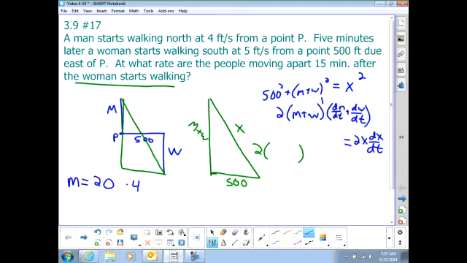We want feet per minute because we're in minutes, so we need to multiply by 60. So this is minutes. This is feet per second. And this is that there's 60 seconds in 1 minute.